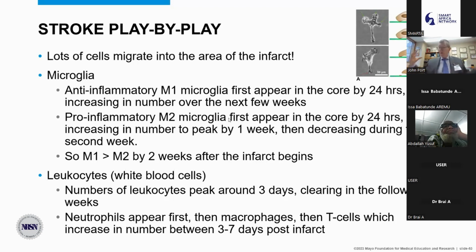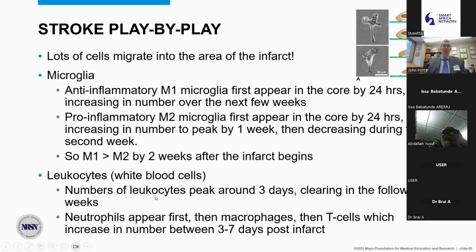Both of them will migrate into the area of infarct. The pro-inflammatory ones increase to peak numbers by the first week and then decrease thereafter. The healing anti-inflammatory microglia will get in there, but they'll kind of sit and wait for the inflammatory process to be over before they start with the healing.